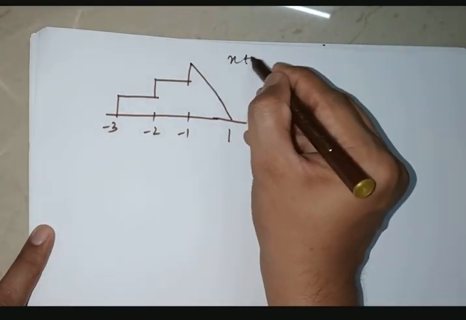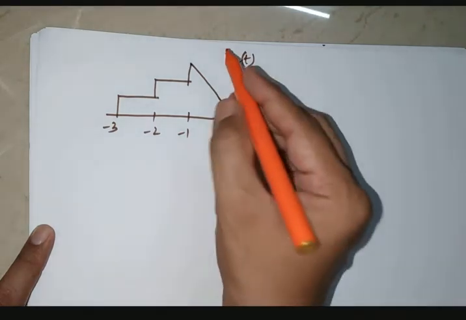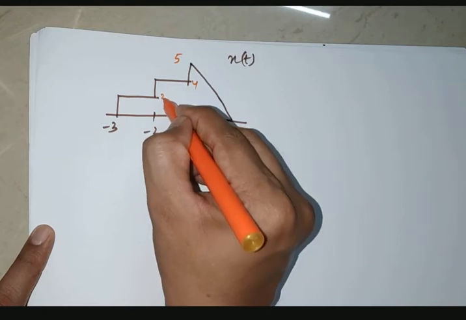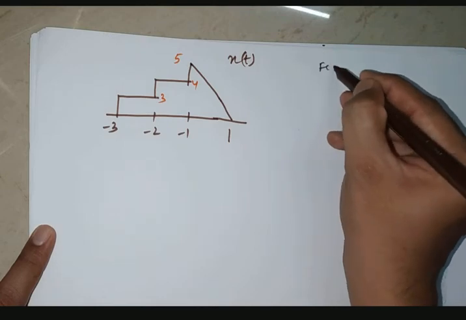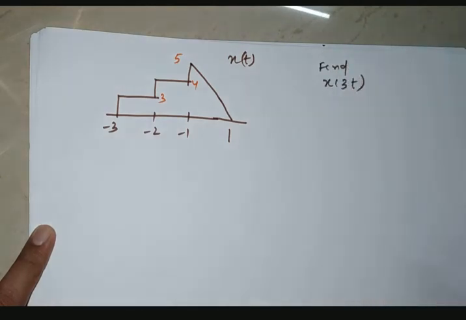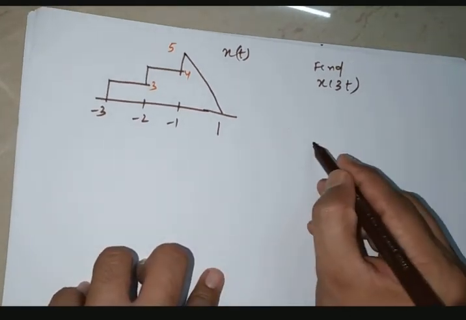Let this be your x of t, with amplitude values, take anything, let these be 5, 4, 3. Now find x of 3t.